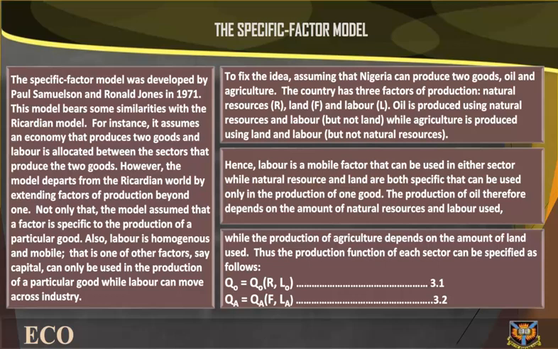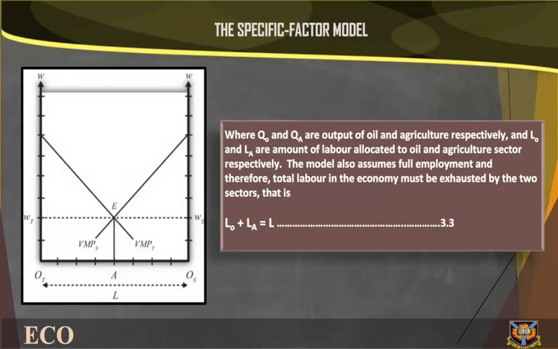The production of oil, therefore, depends on the amount of natural resources and labor used, while the production of agriculture depends on the amount of land and labor used. Thus, the production function of each sector can be specified as follows, where Q_O and Q_A are output of oil and agriculture respectively, and L_O and L_A are the amount of labor allocated to the oil and agriculture sectors respectively.